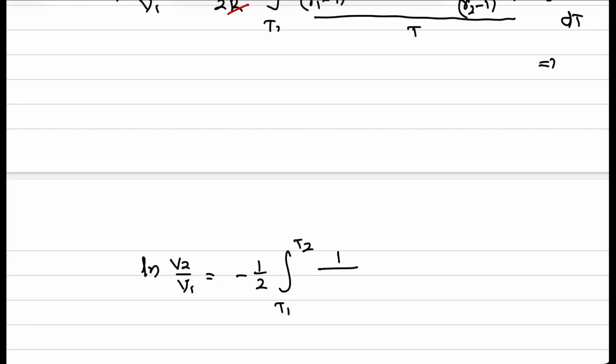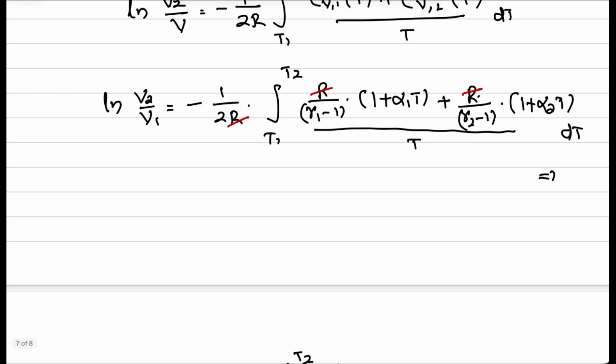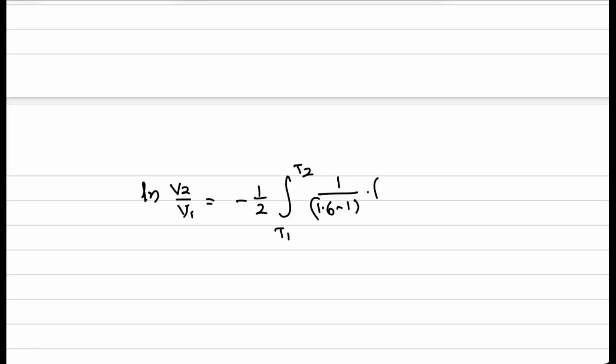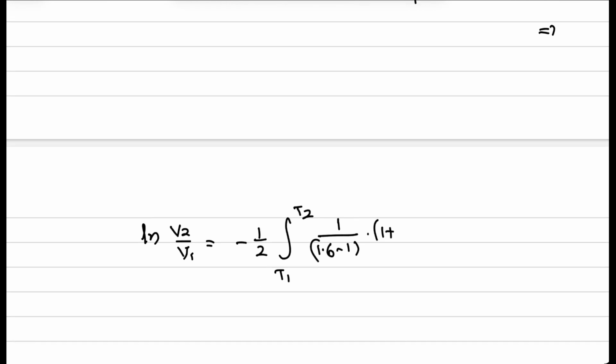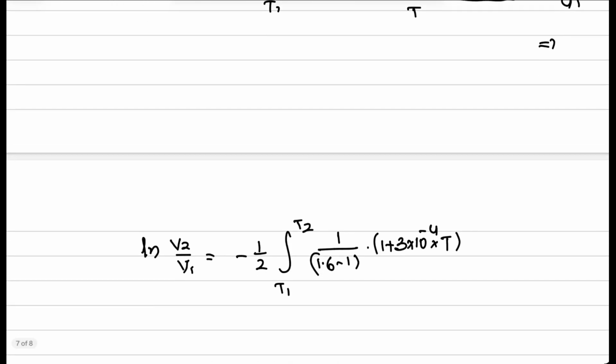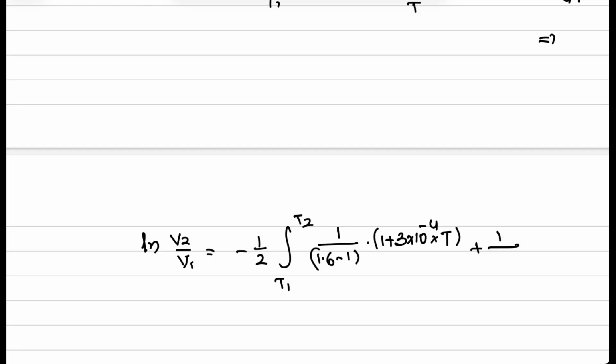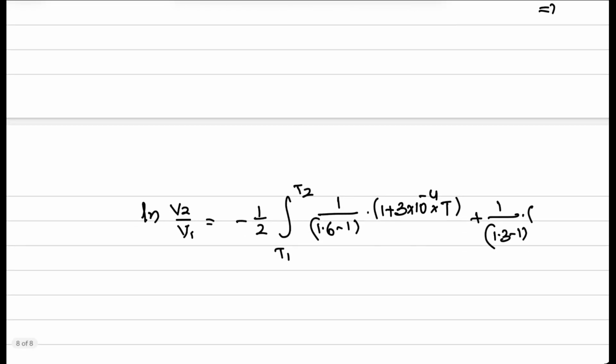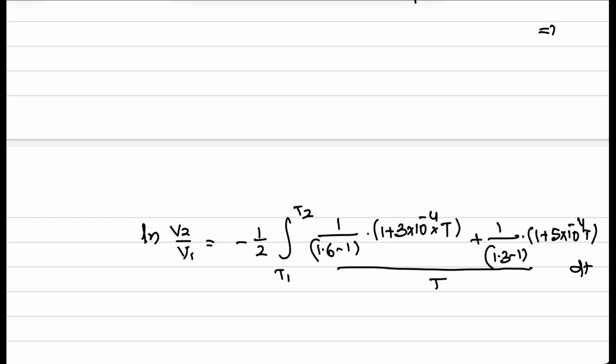Let us substitute the values: 1.6 minus 1 into 1 plus alpha 1 T. Alpha 1 is 3 into 10 to the power of minus 4, so 1 plus 3 into 10 to the power of minus 4 into T, plus 1 by gamma 2 is 1.3, 1.3 minus 1 into 1 plus 5 into 10 to the power of minus 4 T. This whole divided by T dT. Sorry, T is capital. Here also T is capital.